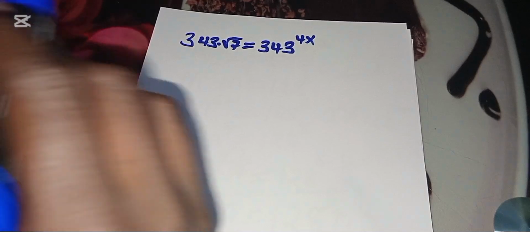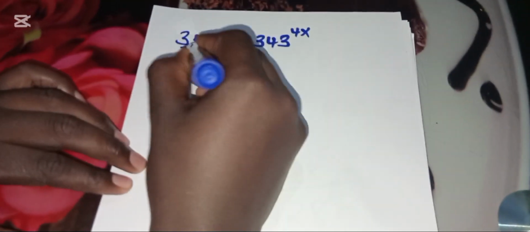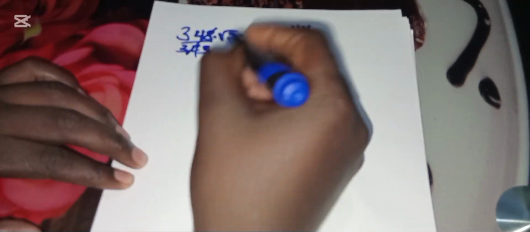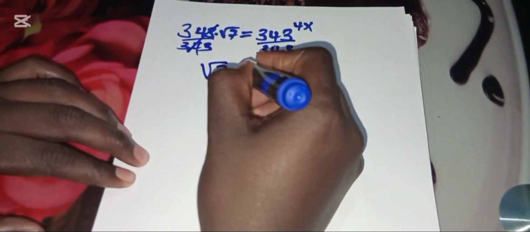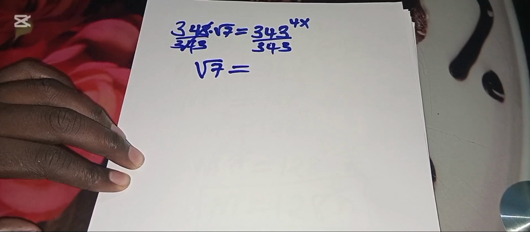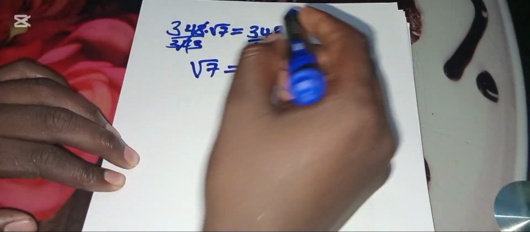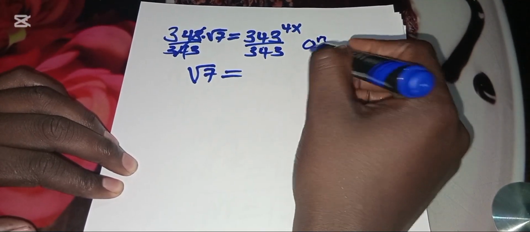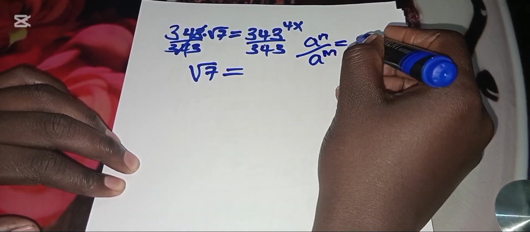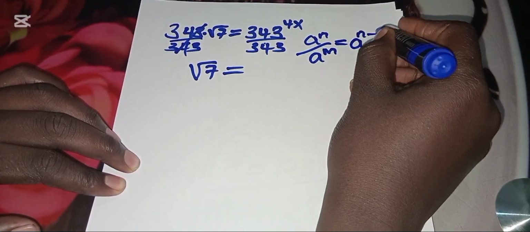So we divide both sides by 343. If you simplify, you're going to have square root of 7 is equal to, now if you check 343 raised to power 4x divided by 343, this is in the form of a raised to power n divided by a raised to power m, which you can express as a raised to power n minus m.